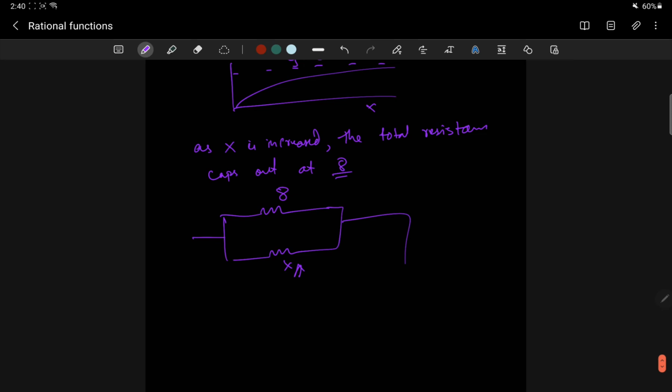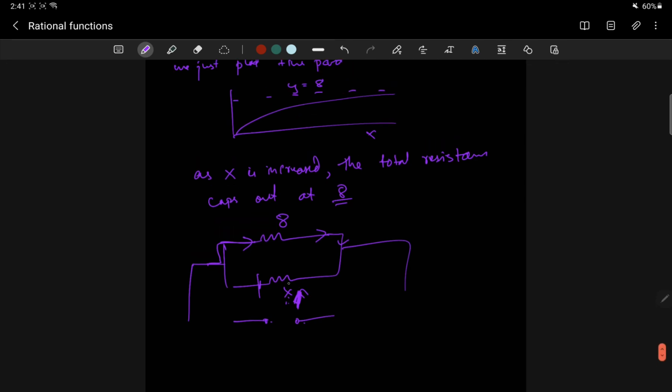Physically, what that means is, you may have heard the term that electricity or current follows the path of least resistance. So if you keep on increasing x, you're kind of blocking here. It's like making an open circuit, where the resistance is too much here. So all the current will try to flow through the 8 ohm resistor, and eventually it will behave like there's just one resistor, equal to 8.